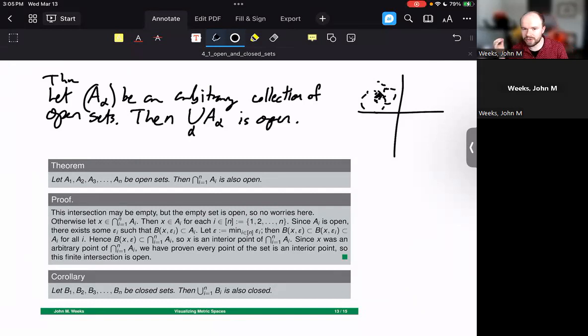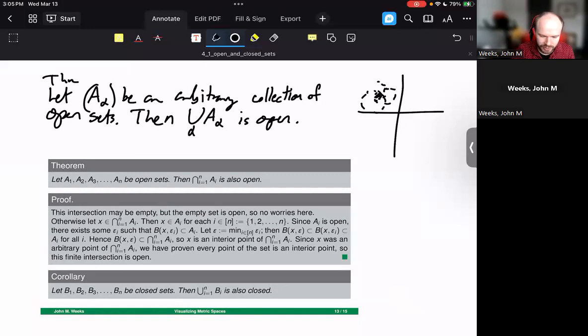If something is an interior point of this union set, what we would need to show is that a ball around it is inside of this set. But for any interior point of this union, that point is inside one of these A sub alpha. So there is some epsilon ball that is contained within the A sub alpha, and hence it is contained within the entire union. That would be a good enough argument for that.